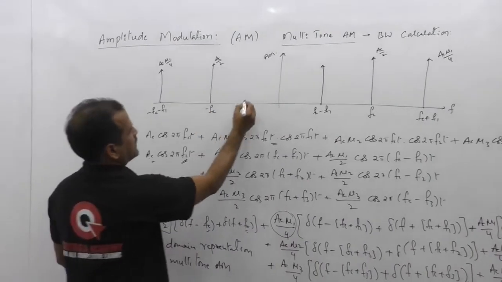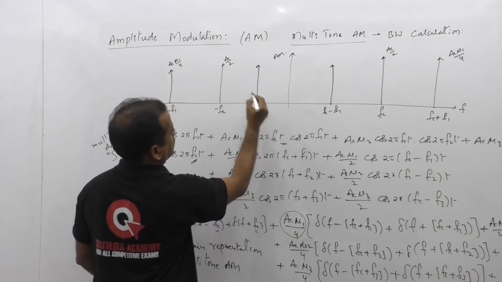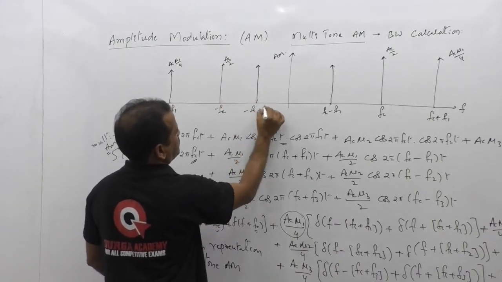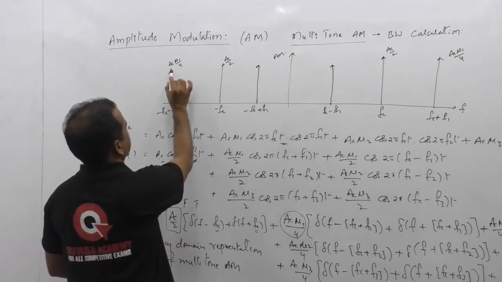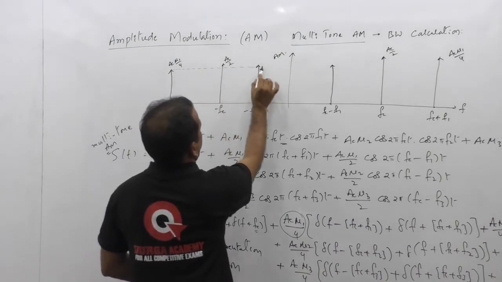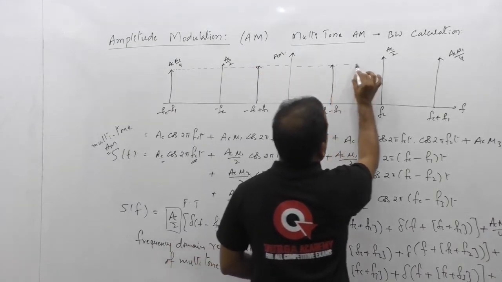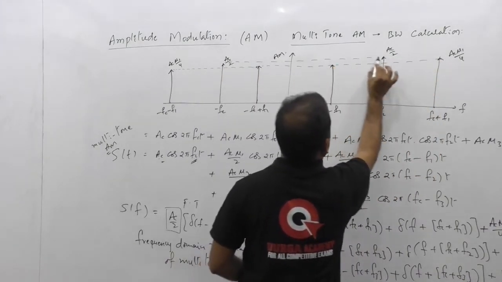Similarly, on the left hand side we will get it at minus Fc plus F1 frequency component. Observe that these components should have the same height, and these two components should have the same height.